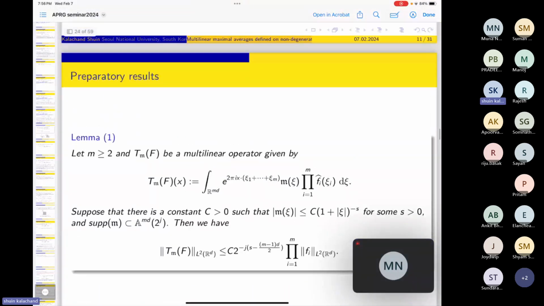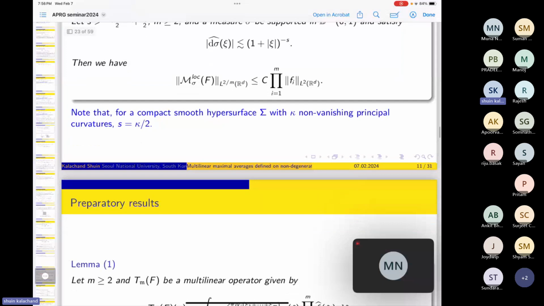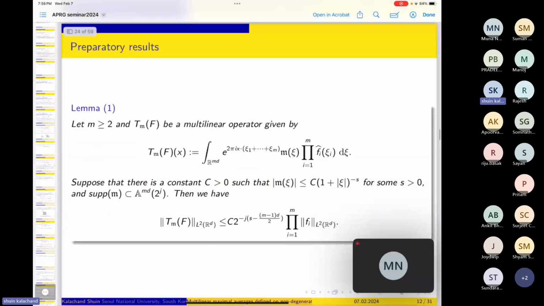Okay, so in order to study boundedness of the local maximal function, first we'll consider this m-linear Fourier multiplier operator. T_m f is defined by this, where m is called the Fourier multiplier symbol. Suppose that there is a constant C such that this Fourier multiplier has a decay property, decaying like (1 plus the modulus of xi) to the power minus s for some positive number s, and the Fourier multiplier is supported in this annulus of radius 2 to the power j.